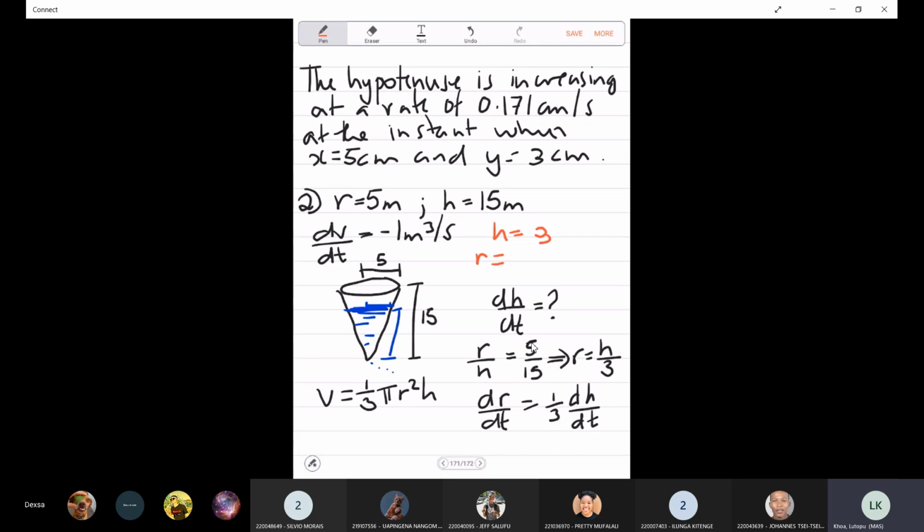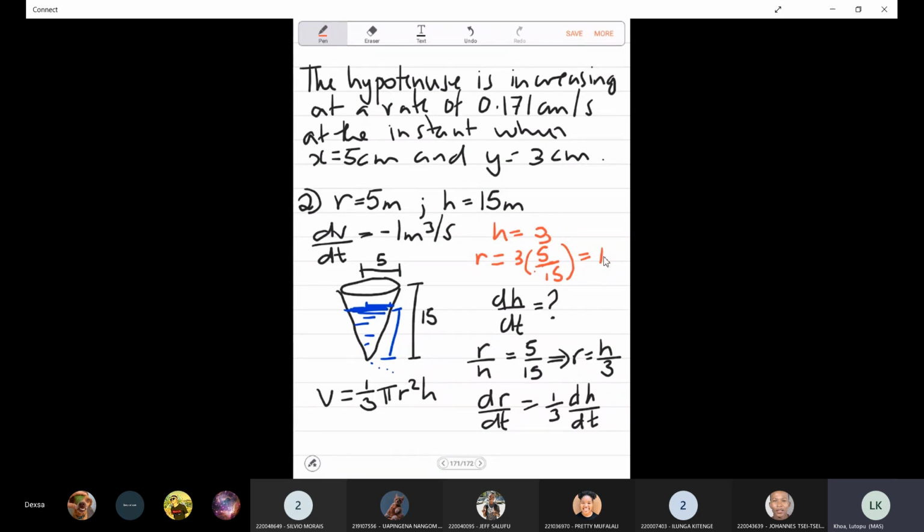R/H is equal to 5/15. So we have R/3 is equal to 5/15. So this means that we have 3 times 5/15, which gives us 1. Okay, so we're using this relationship over here.